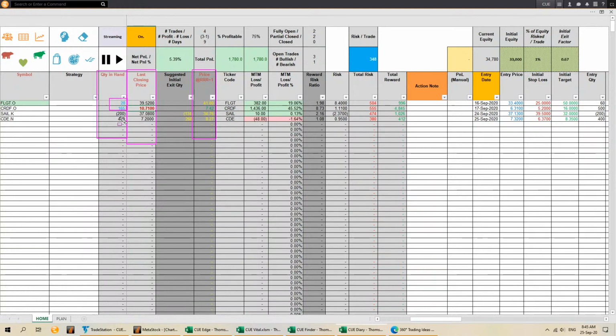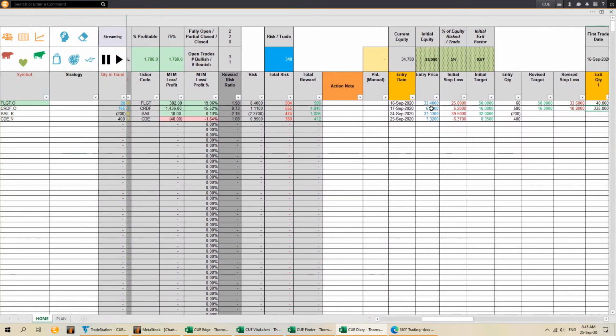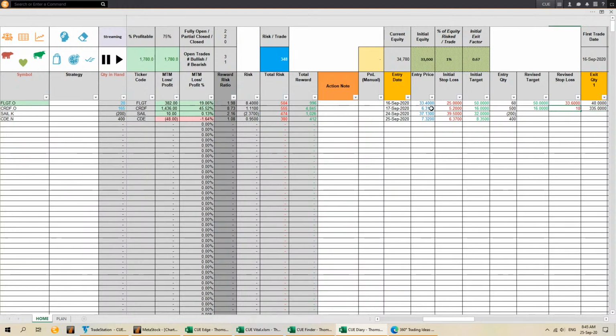Those are in cyan color. The ones that are fully open are in black color. And the symbol column itself will show whether the trade is entirely risk-free once you are able to lift the stop above entry price. Let me change my stop back for CRDF to the actual number, 10.